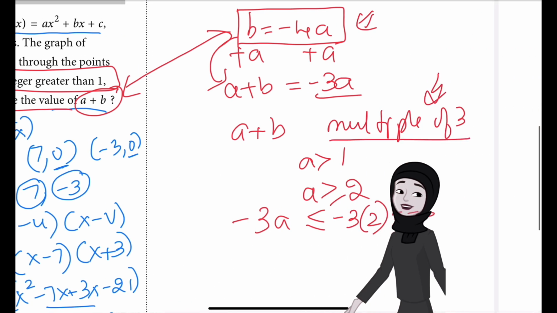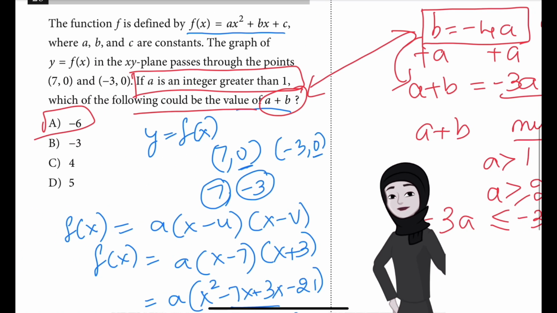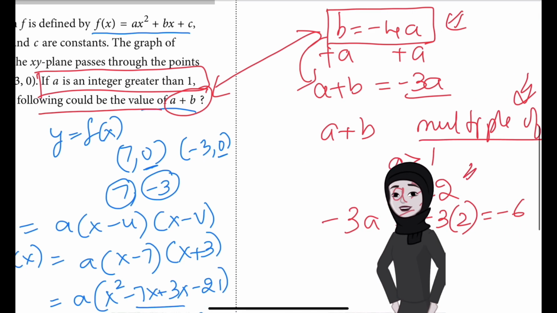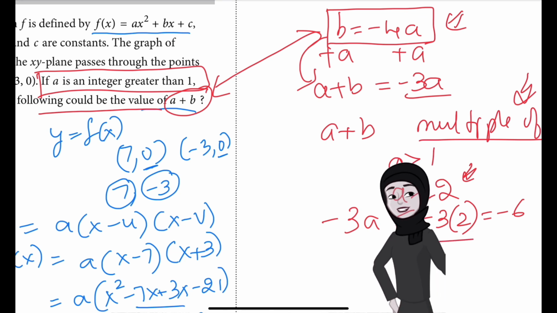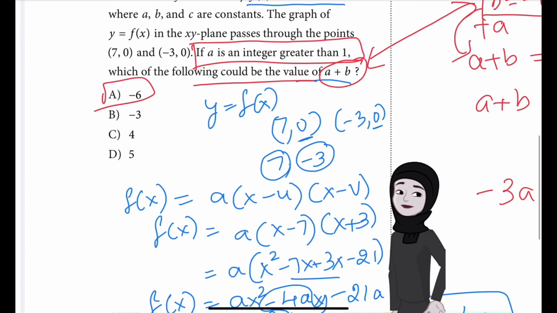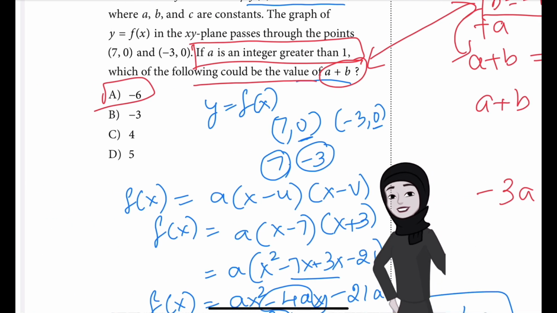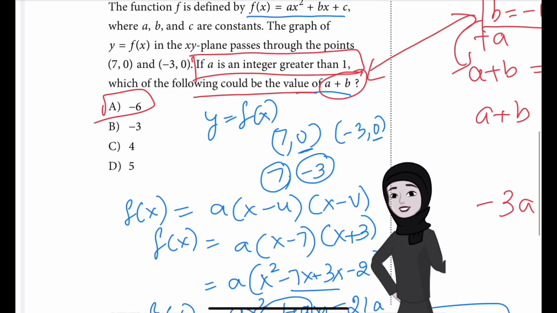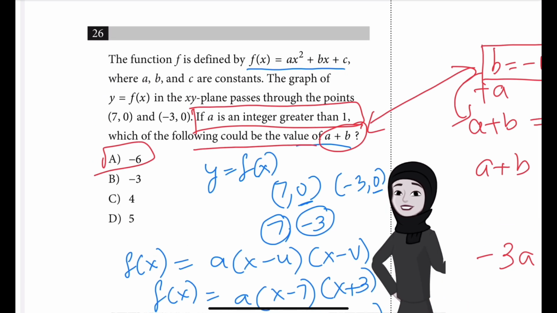First of all, we need a multiple of 3, and a should be an integer greater than 1, so a will be greater than or equal to 2. If we calculate with 2, we get minus 3 times 2, which is minus 6. Only minus 6 is a multiple of 3 that is less than or equal to minus 6. So that's why A would be the answer.